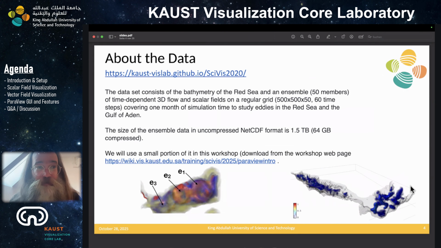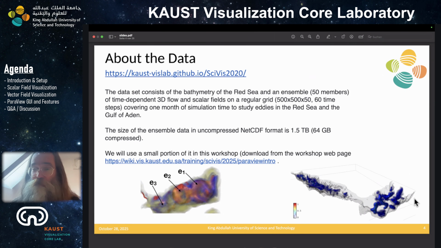Quickly about the data set. This is a publicly available data set. The original data set is much bigger. You can download it. The download size is only 64 gigabytes, but it will decompress to 1.5 terabytes. That's because it's actually an ensemble and time-dependent data set. So you'll have a lot of data.